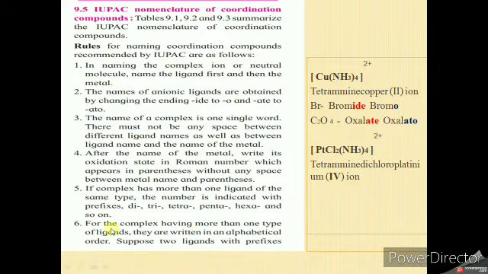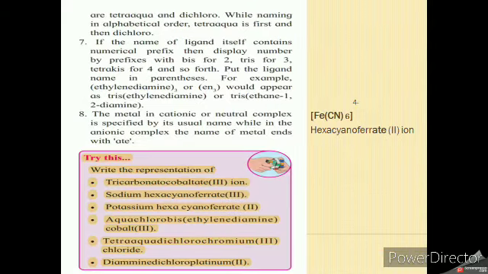Then the sixth rule is, for a complex having more than one type of ligand, they are written in alphabetical order. Suppose 2 ligands with prefixes are tetraaqua and dichloro.